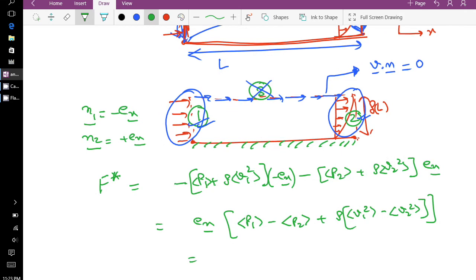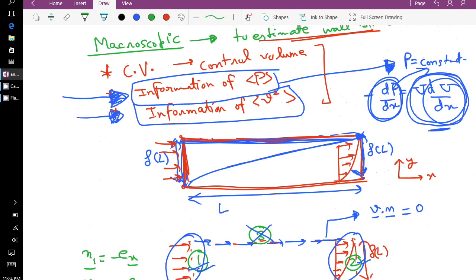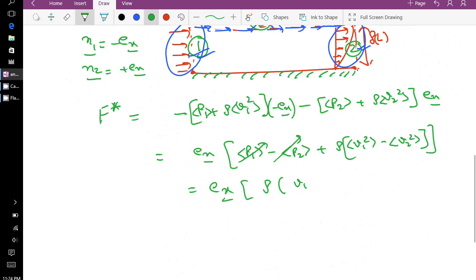And in simple form, this just becomes rho into v1, because p1 is equal to p2. Again, because the velocity no longer changes in the free stream, it only changes within the boundary layer. Free stream velocity doesn't change, dp by dx is 0 or p is constant. You can just write v1 square minus v2 square.